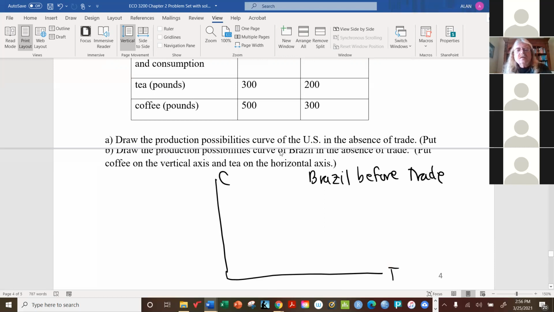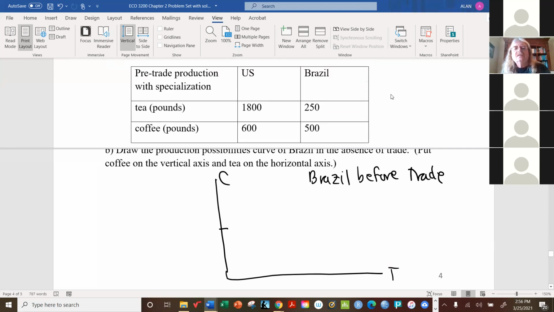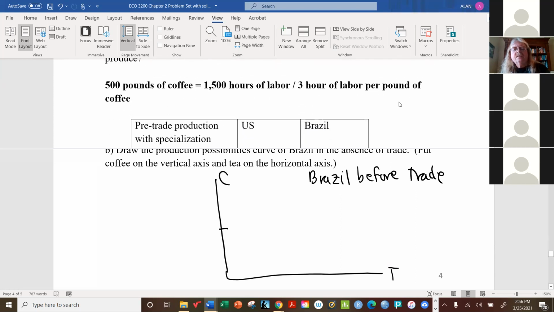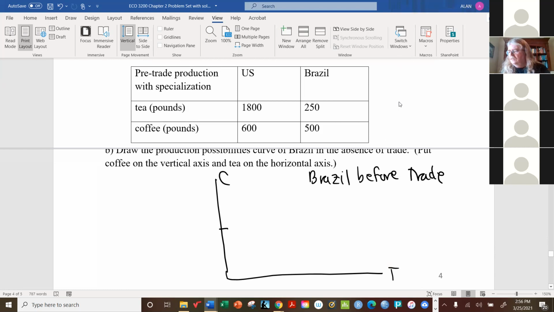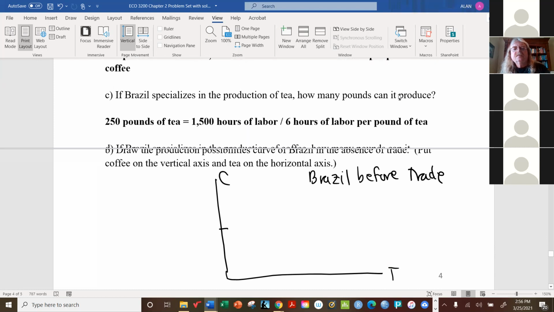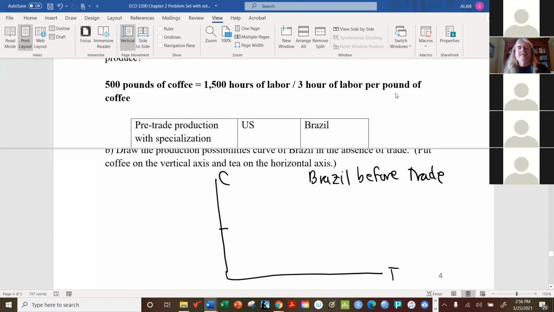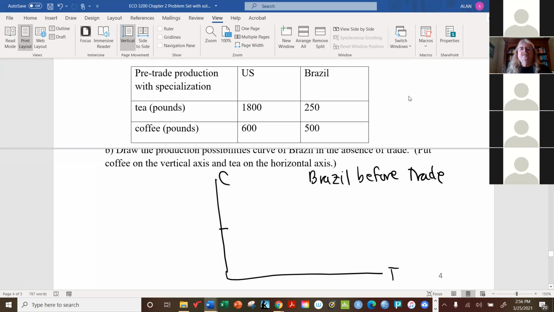They can make 300 coffees. Oh, no, I'm looking at the wrong chart again. Brazil, without trade, can make 500 pounds of coffee, and they can make 250 pounds of tea. Okay, so let's draw that.